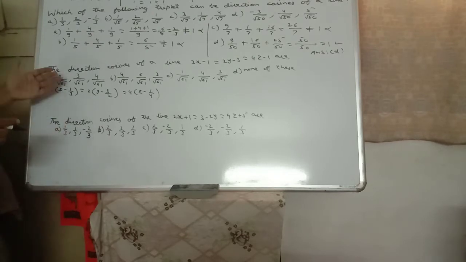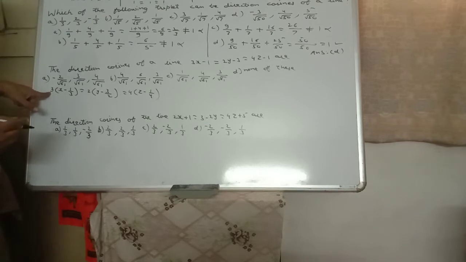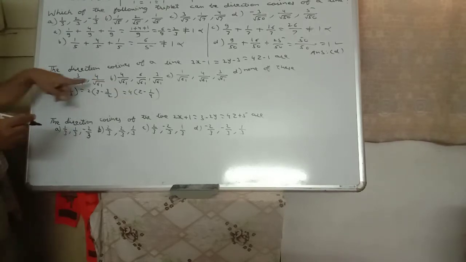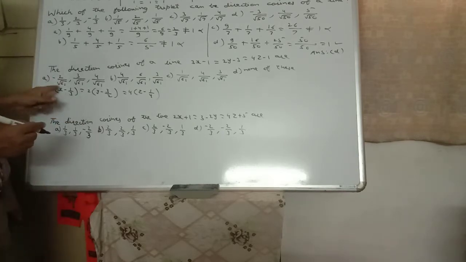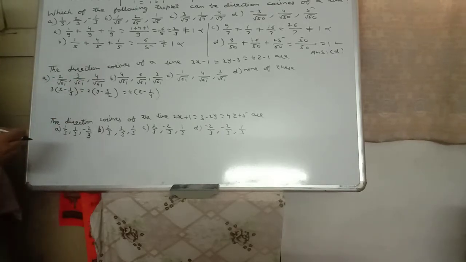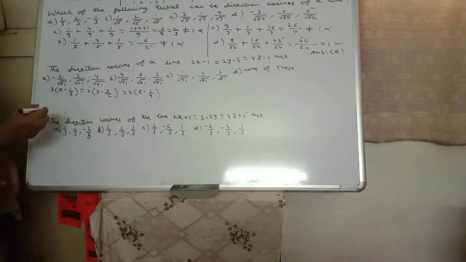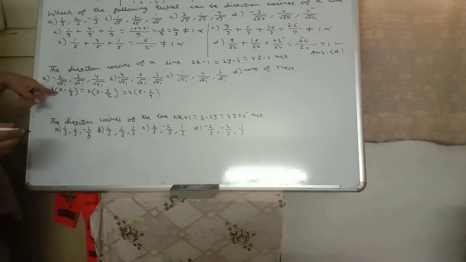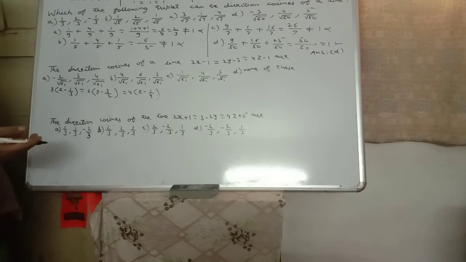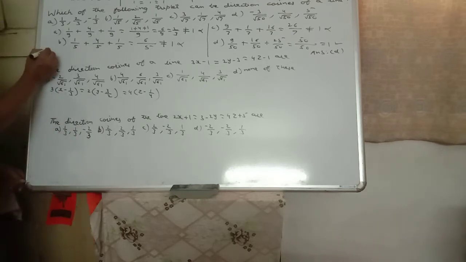Now we want numbers in the denominator. So whatever numbers are present outside the bracket, we have to cancel them. So we have to divide the equation by a number. For that, we have to take the LCM of these 3 numbers, 3, 2 and 4. 3 is a prime number, 2 also prime number, 4 its factors, 2 into 2.